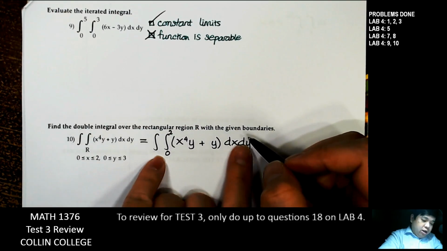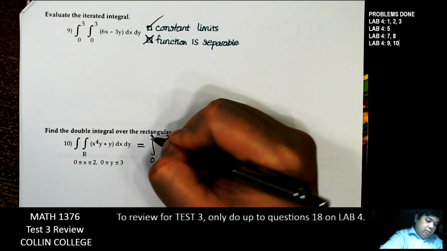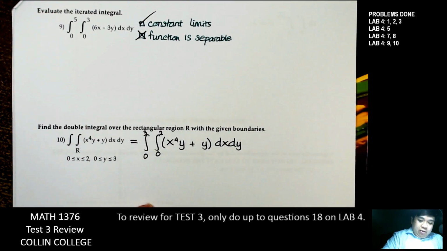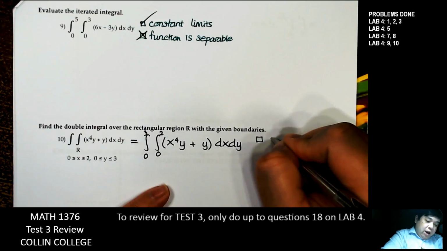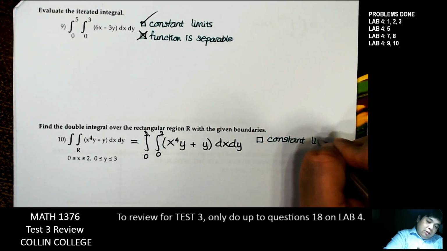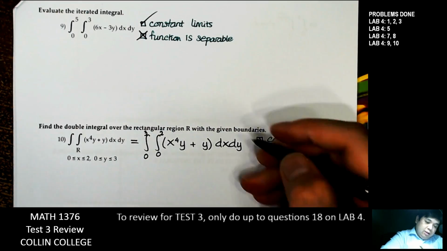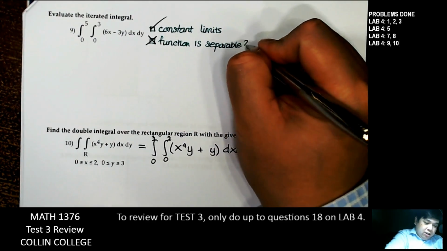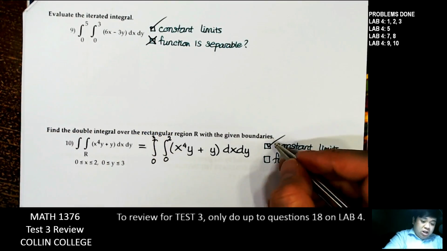On the outside is the limit for y, going 0 to 3. Right. Now, this function clearly has constant limits. And whether the function is separable or not will be determined. This one we know for sure is not.